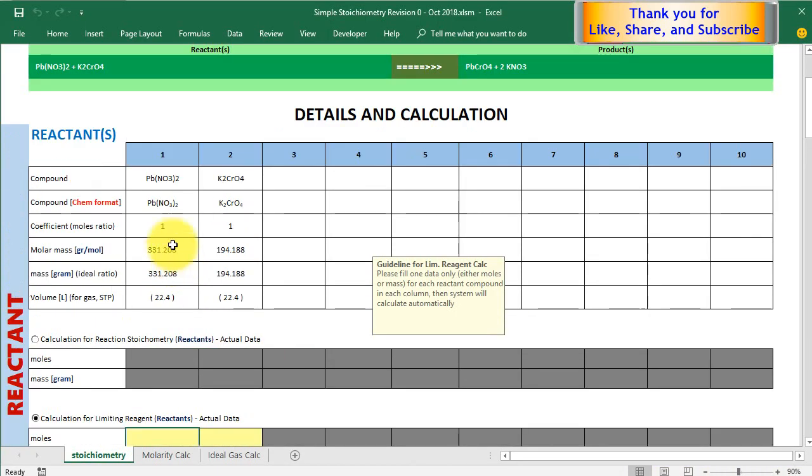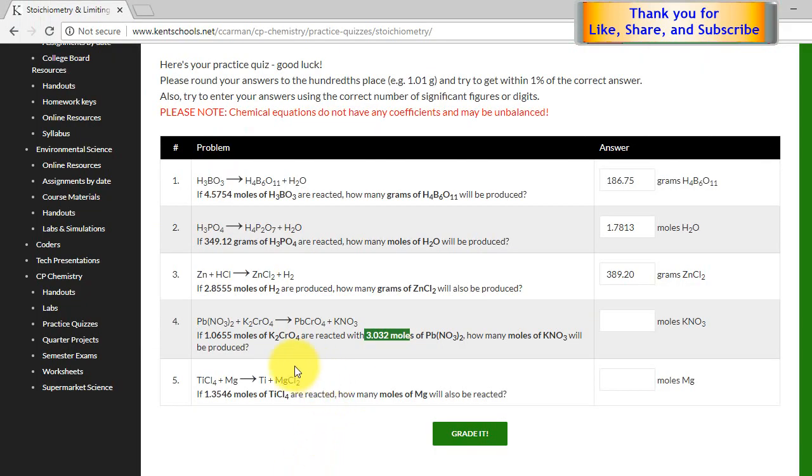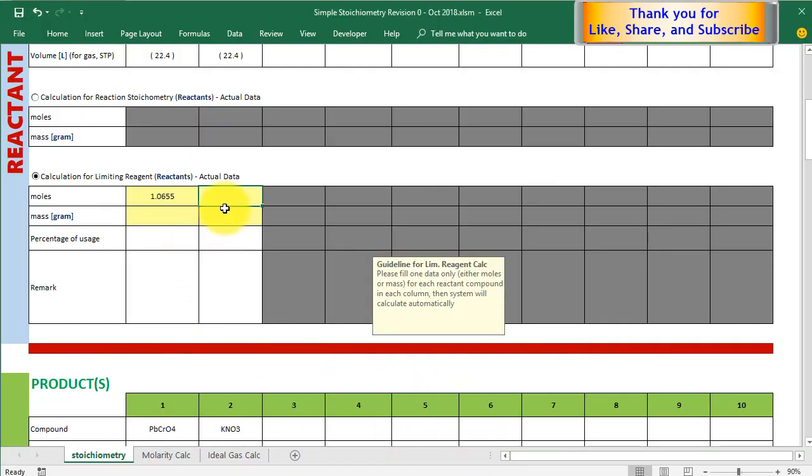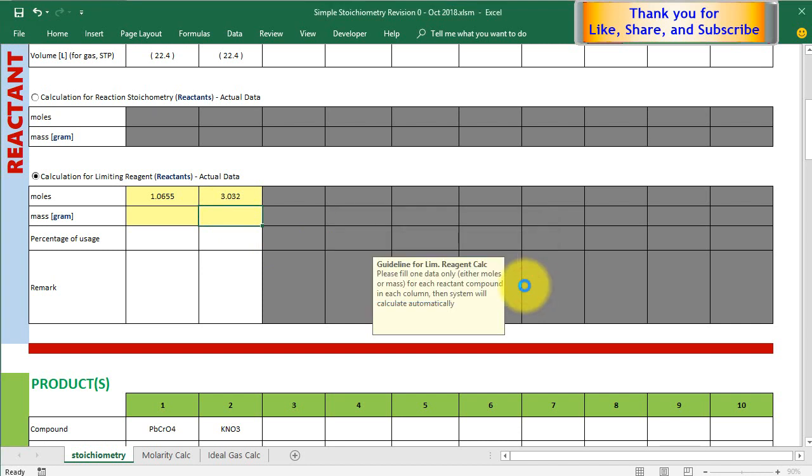Oh, this is lead nitrate, that is 0.655. This is 3.032. Okay, hit enter and the limiting reagent calculation will be processed.